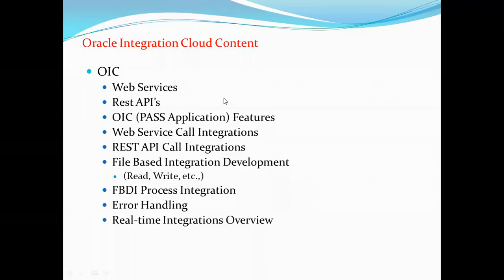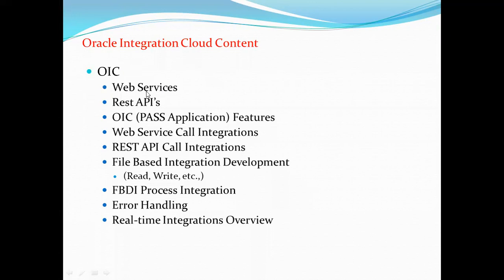Whatever we have, all business services are provided in the form of web services and REST APIs. Using these, third-party systems have the capability to invoke our web services and REST APIs in order to pump the data as a real-time process. In order to perform real-time transactions, we are going to use web services and REST APIs by using the OIC application.